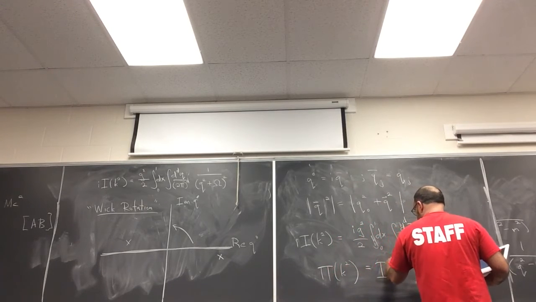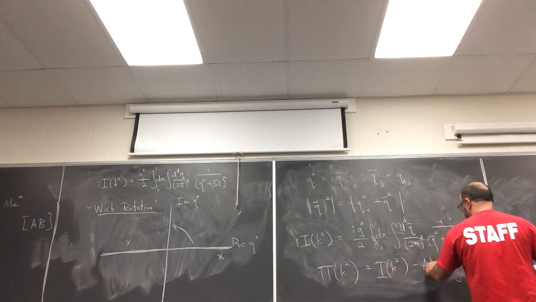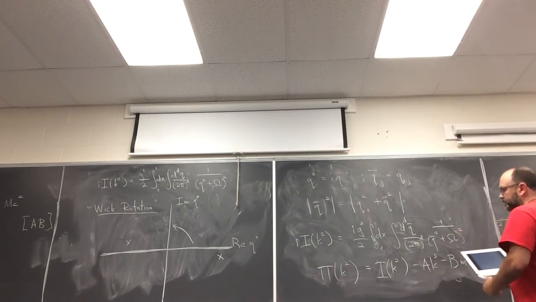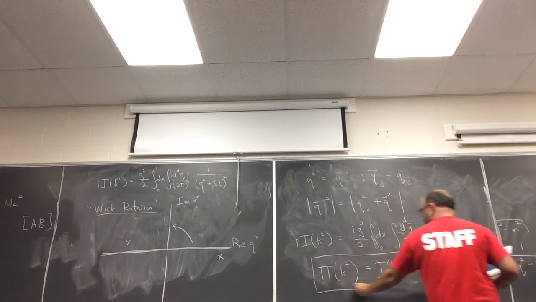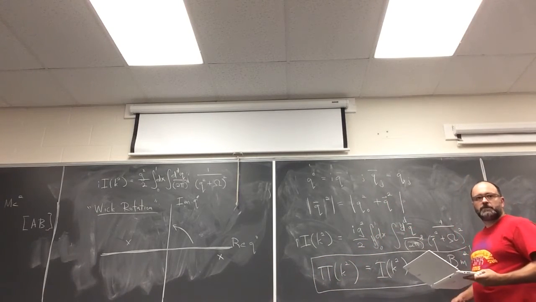So our self-energy is, again, i, k squared, minus a, k squared, minus b, m squared. Okay, and when we apply those boundary conditions on the self-energy, we'll be able to extract a and b. Okay, that's the idea.